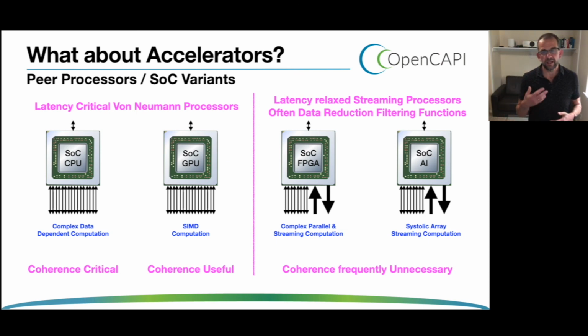And then the AI and FPGA are more latency relaxed streaming processors, and they're often used for data reduction filtering functions. And coherence is frequently unnecessary unless you've got a tightly coupled accelerator to a CPU trying to accelerate a single thread.